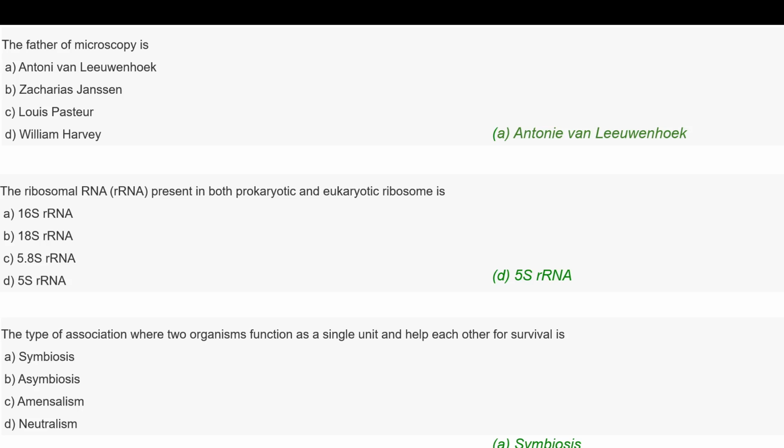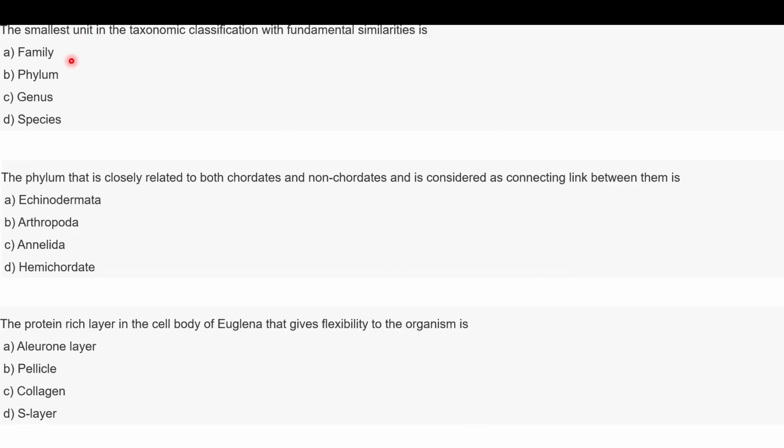Next, the smallest unit in the taxonomic classification with fundamental similarities is, what will be the correct answer? Yes, D, species. Now, the phylum that is closely related to both chordates and non-chordates and is considered a connecting link between them. A few slides back only we read about it. What will be the answer?